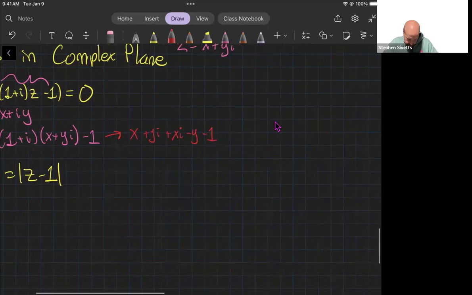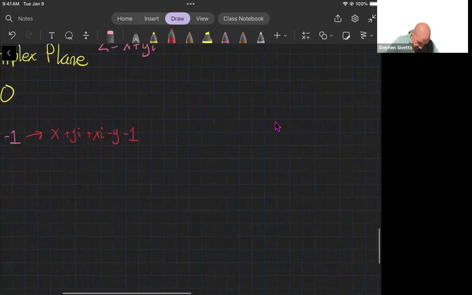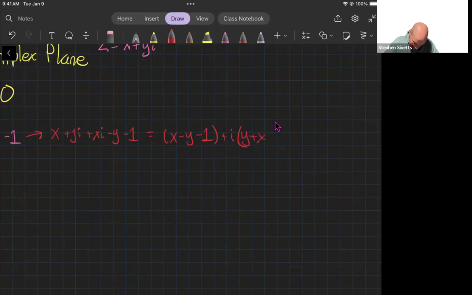What this means is if we gather all of the like terms, the real component is x minus y minus 1, and our imaginary component would be just y plus x. We want the points where the real component is 0, right?